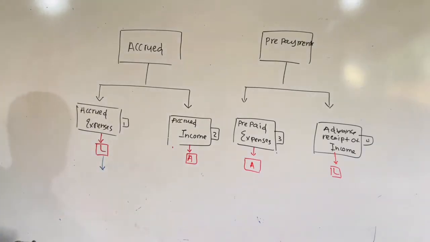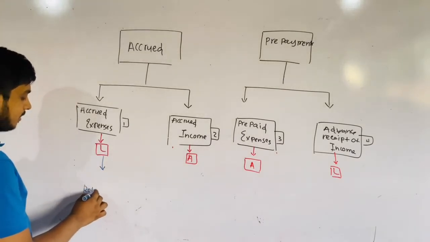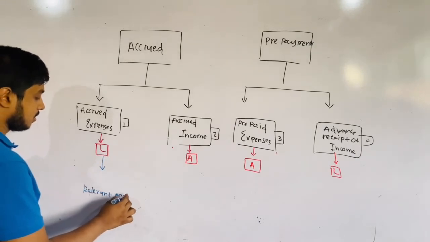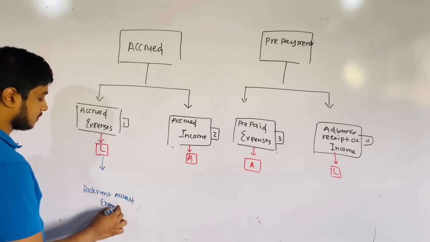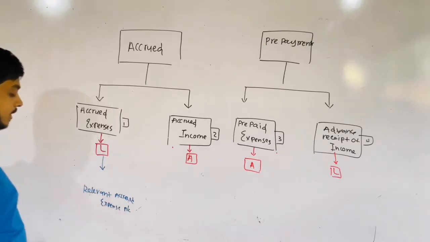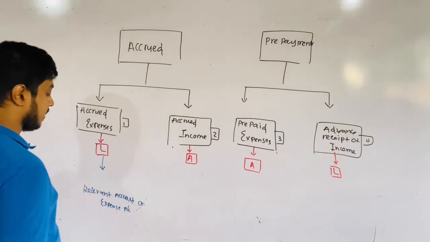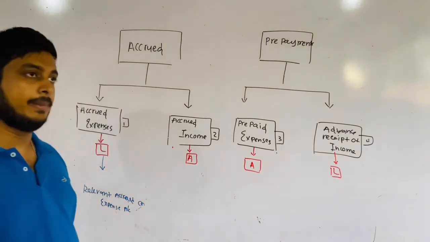The relevant accrued expense account should be credited. So what should be debited?